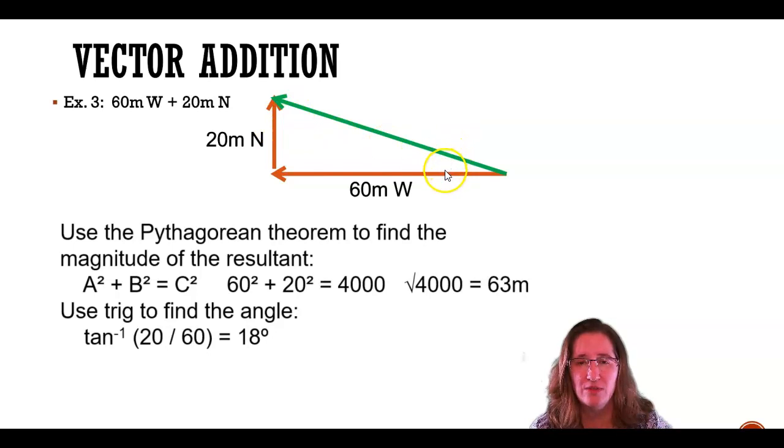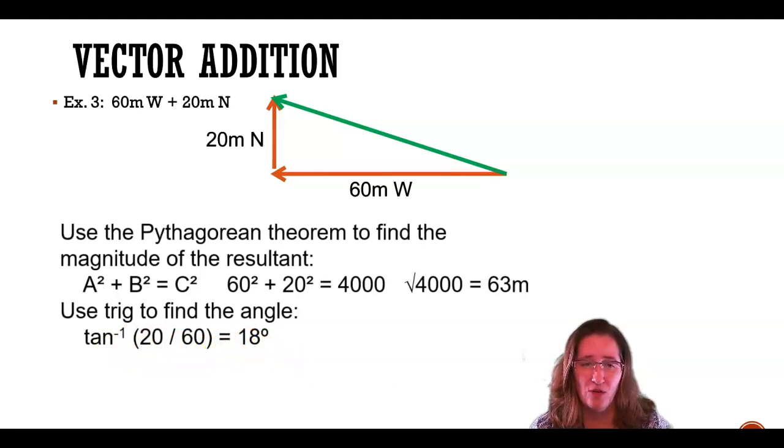I want to know what direction the resultant is from where it started. So I'm going to look at this angle and do 20 is my opposite and 60 is my adjacent. So opposite over adjacent is tangent. In this case, I'm not given the angle and I want to find the angle. So I use the inverse tangent button on my calculator. When I do that, I'm going to find an angle of 18 degrees.